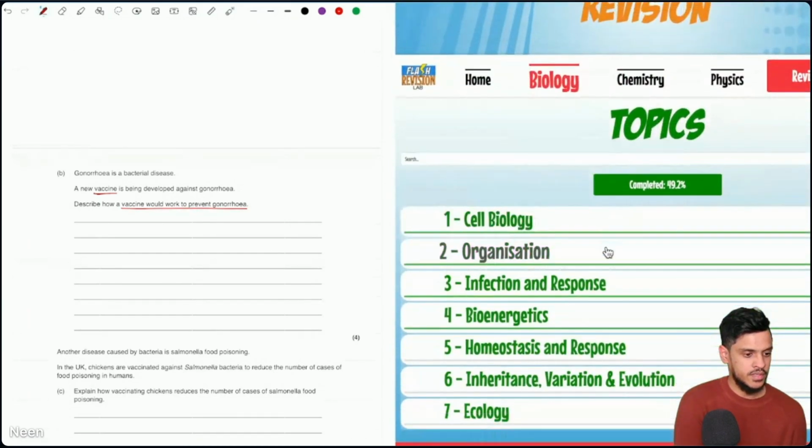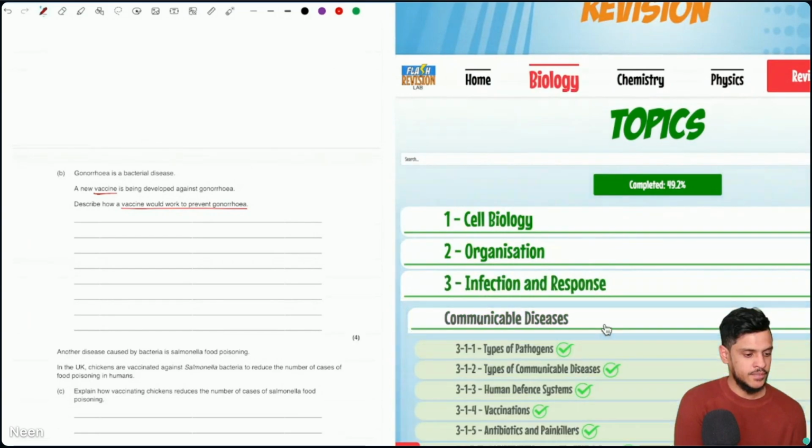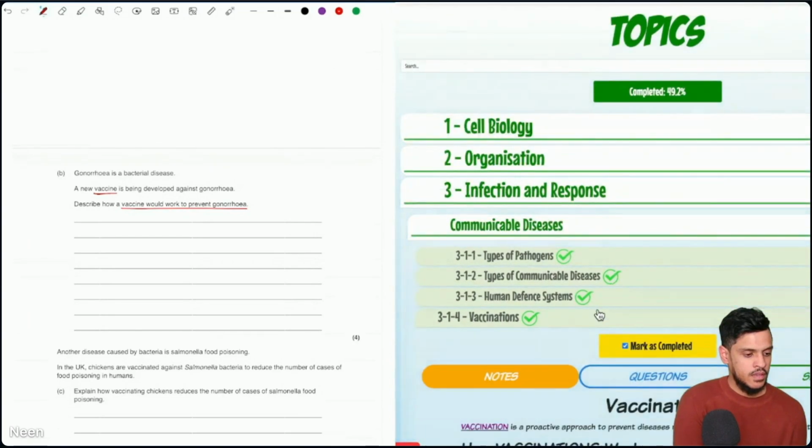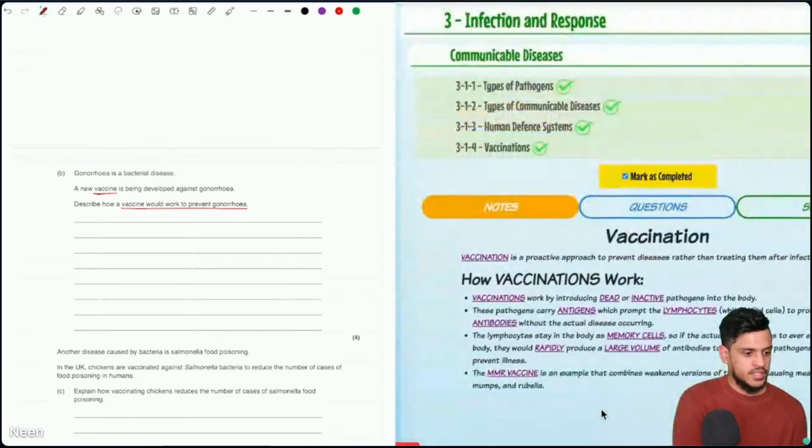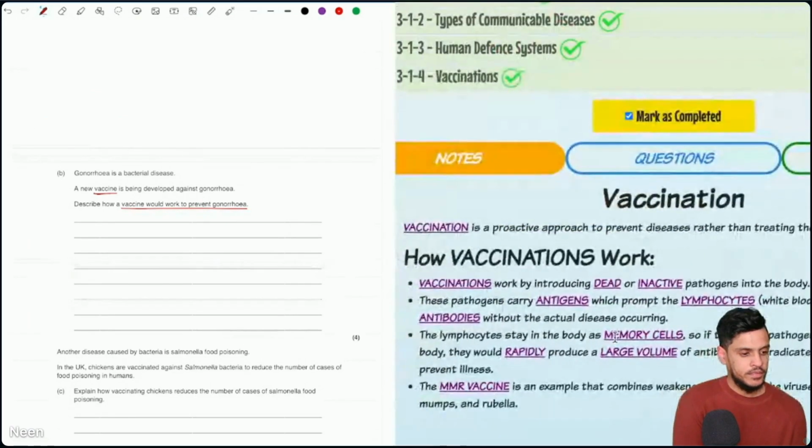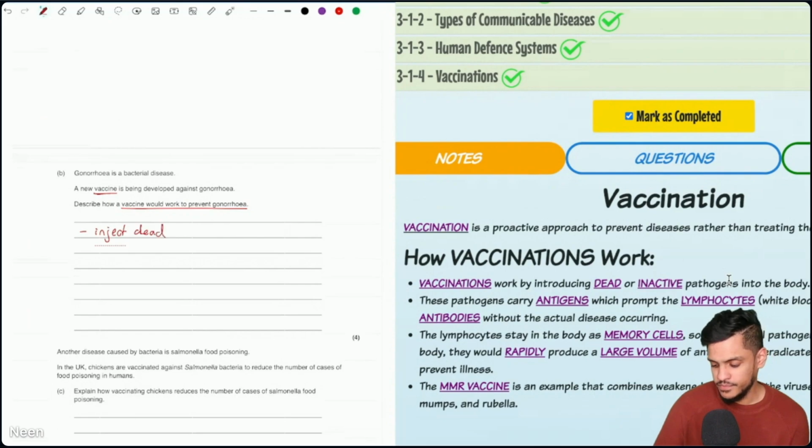It comes under diseases. So you inject, remember this, dead or inactive pathogens. Yeah, well done. Yeah, that gives you 1 mark.